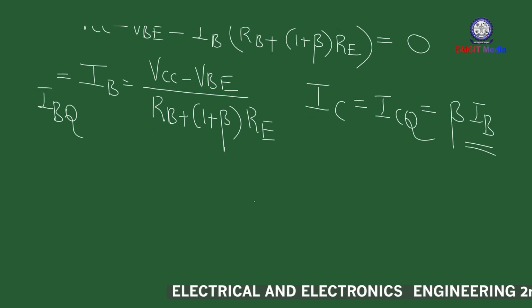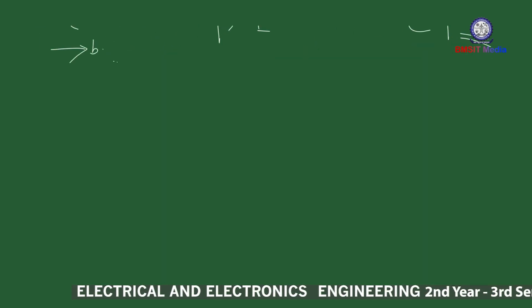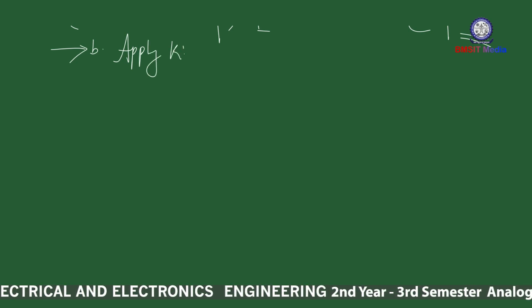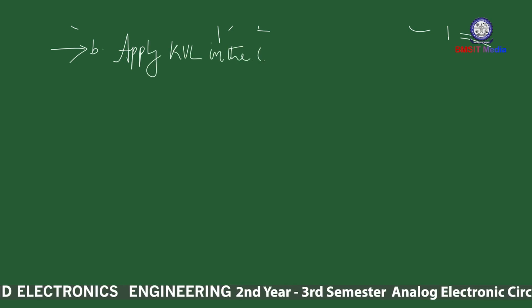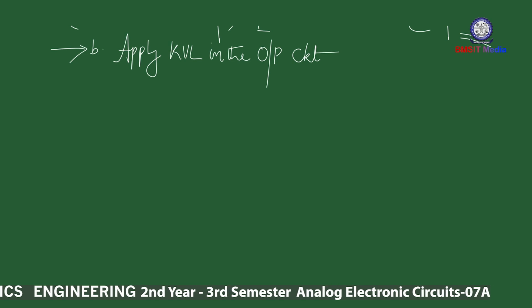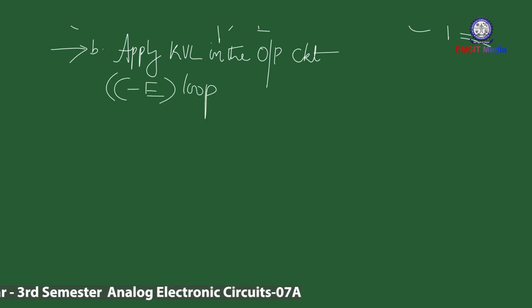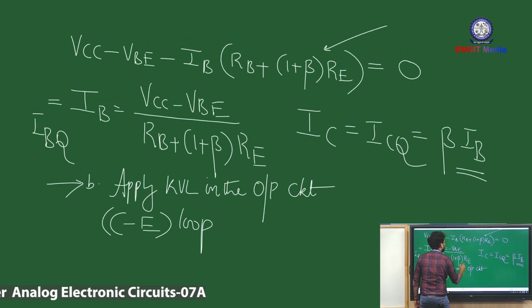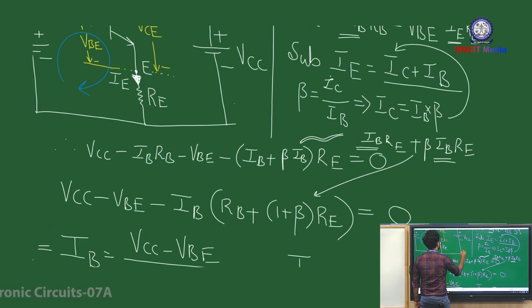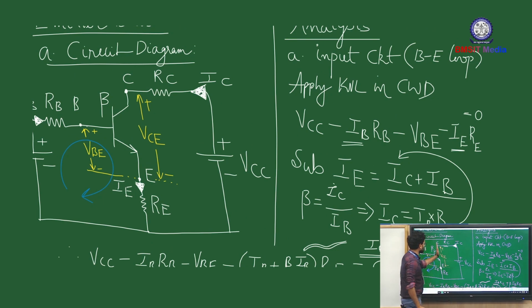So moving forward, let us consider the output circuit. Next, apply KVL to the output circuit. What do you mean by output circuit? Collector emitter. Let us revisit the collector emitter loop. Okay, so this is your output circuit, the collector emitter loop, and over there you have to apply KVL.